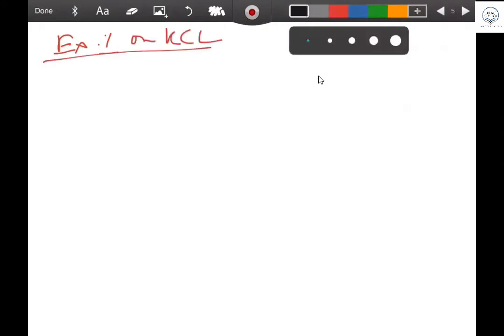Everybody solve this problem on Kirchhoff's current law, then you can understand how to find the solution. It will become clear. Okay, so all of you please copy an example on KCL.